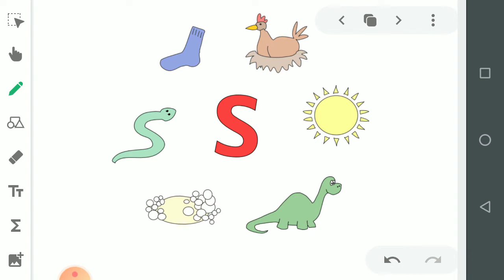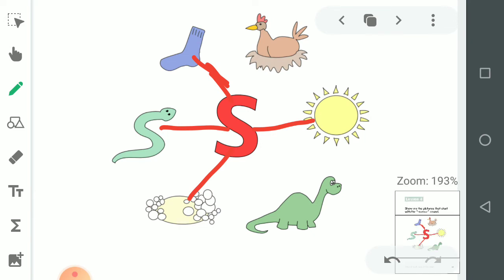So let's match. Sock, hen. Can we match the hen or chicken? No. Sun, dinosaur? No. Soap, snake. So those are the pictures that we can match to the sound.